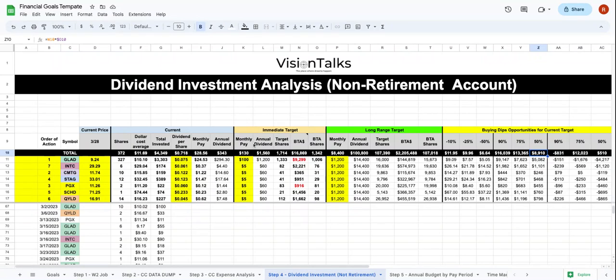Because the way I think of it is, if I have that money there, it can either A, help me get to these bigger goals faster because I'm just reinvesting this, or B, it's something that's paying for my fun money, right? Or it's paying for opportunities or whatever have you. So that's really how I look at this particular sheet.